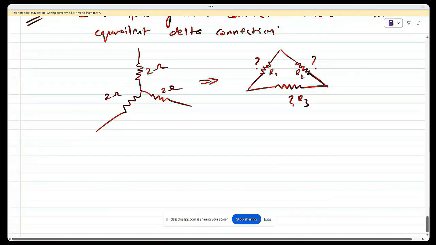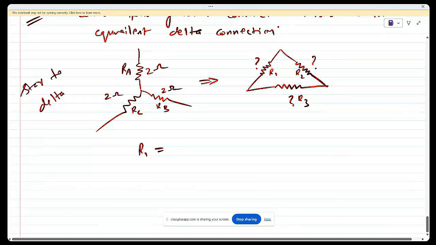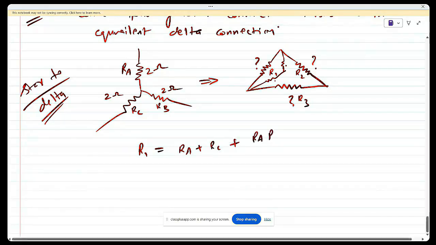So what formula will you use? You can write them as RA, RB, RC. So you have to calculate R1 in terms of RA, RB, RC. Which transformation will you use here? You will use the formula of star to delta, and we have derived the relation. R1 is equal to RA plus RC plus RA RC upon RB.